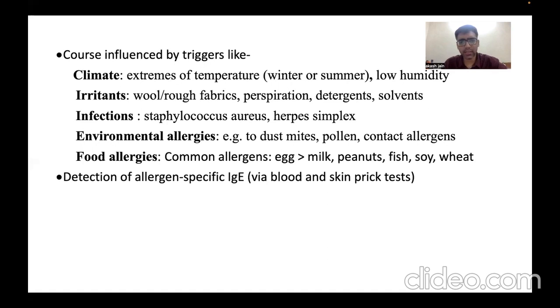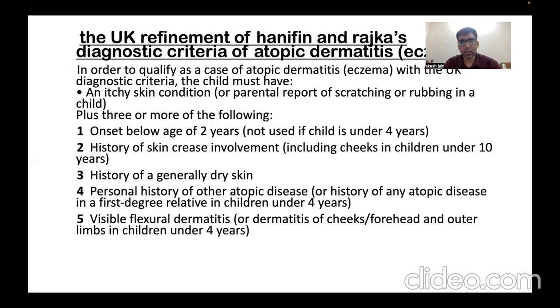Common allergens are egg more than milk, peanuts, fish, soy, and wheat. So these are the triggering factors as we know. And detection of allergen specific IgE antibody via blood or skin prick test.